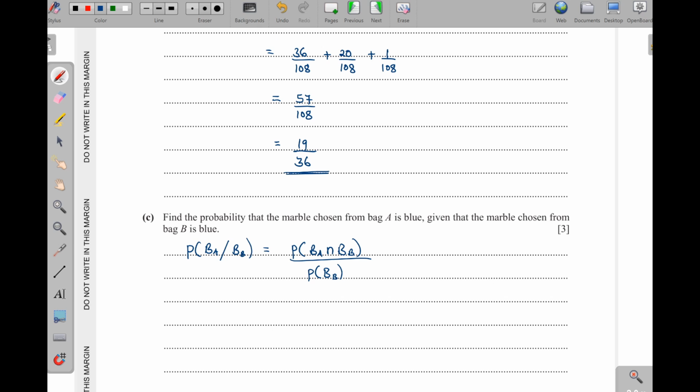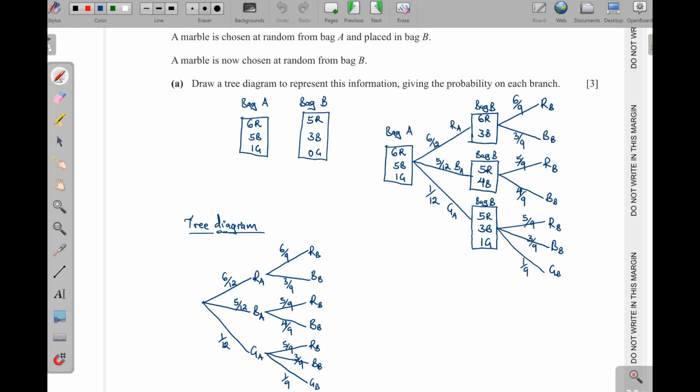Now for blue from B, this one is big. Check here. We have this one here, and we have this one here.